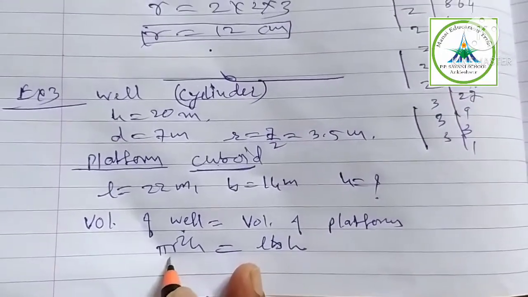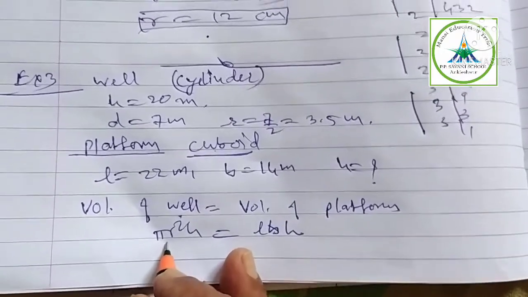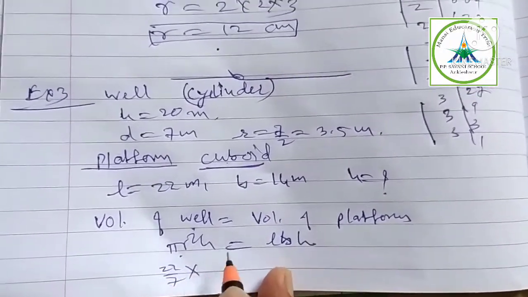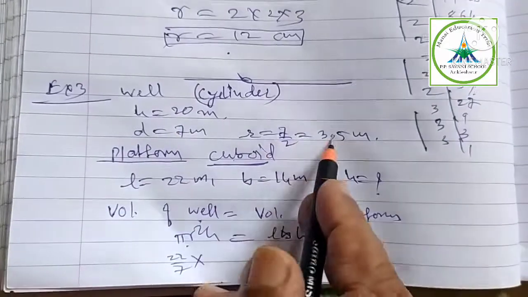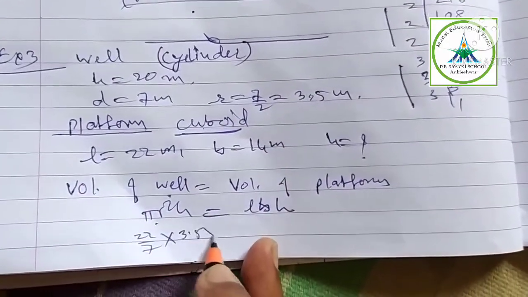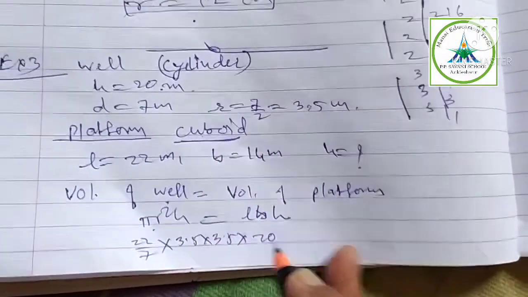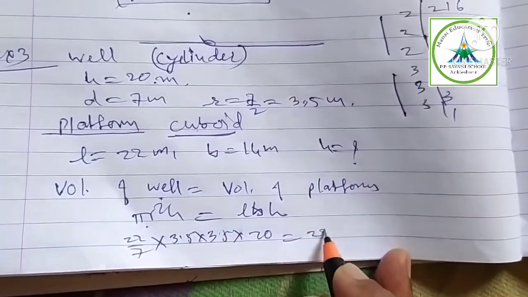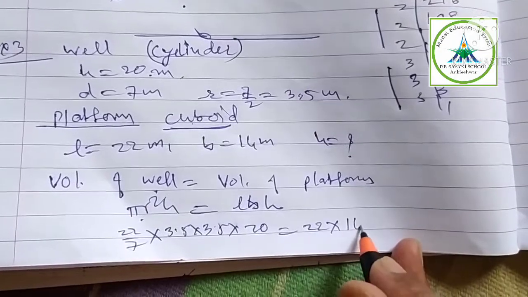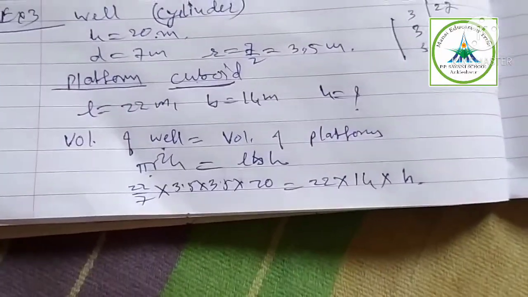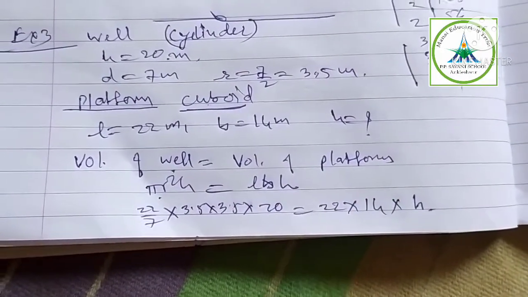Now put the values. If the value of pi is not given, we take 22 upon 7. Put it. Radius is how much? 3.5. Height is how much? 20. Length is what? 22. Breadth is what? 14. And height is what? Don't know. Now it is simple: take cross multiplication and cancellation.